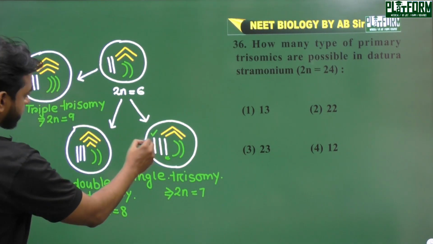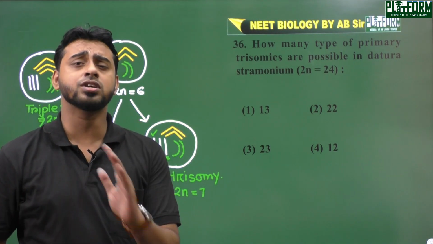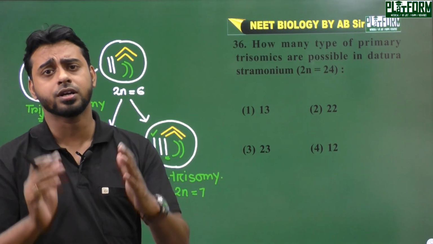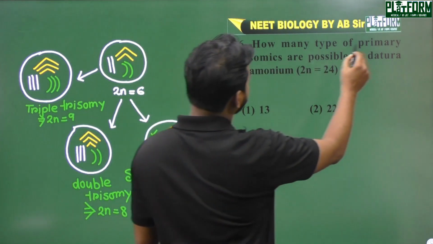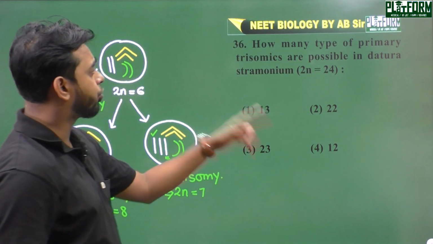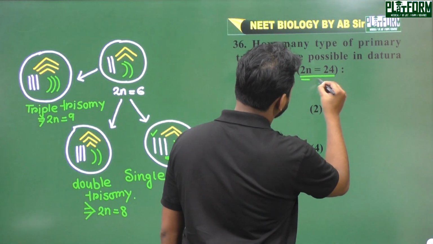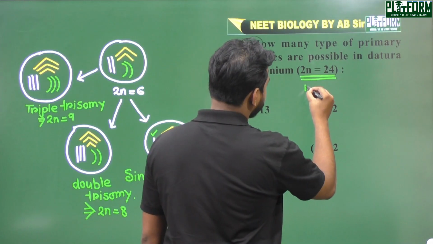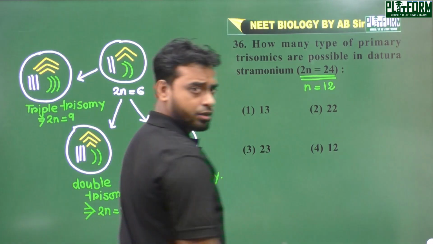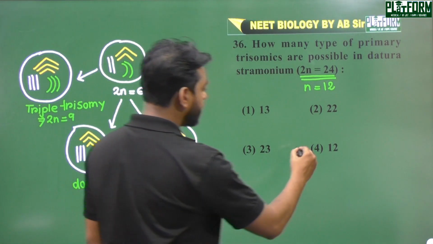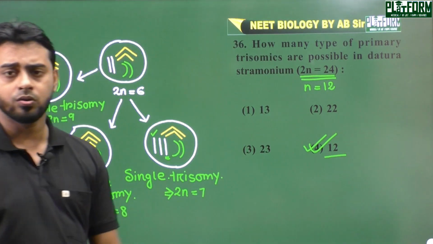If there are 3 sets, a maximum of 3 trisomies are possible. So in this question, how many types of primary trisomy are possible in Datura stramonium if 2n equals 24, that means the haploid constitution n is equal to 12. So the answer will be option 4, that's 12. Okay.